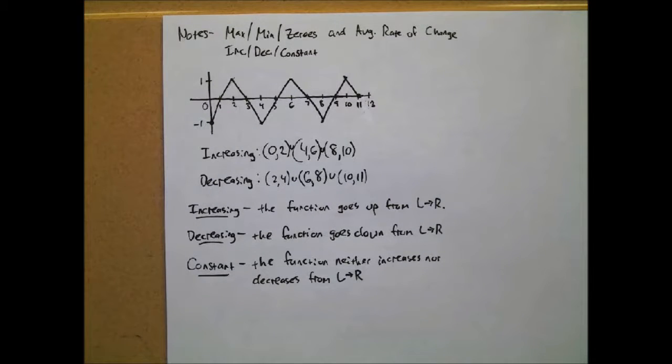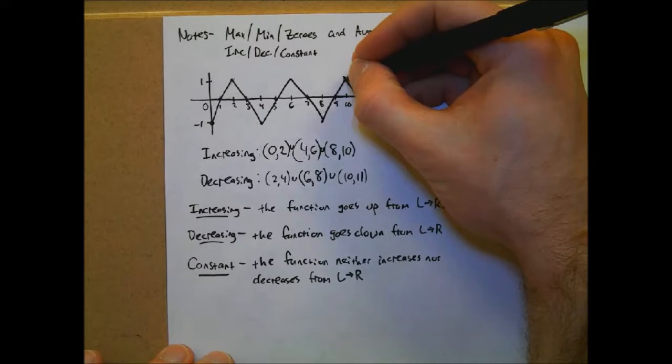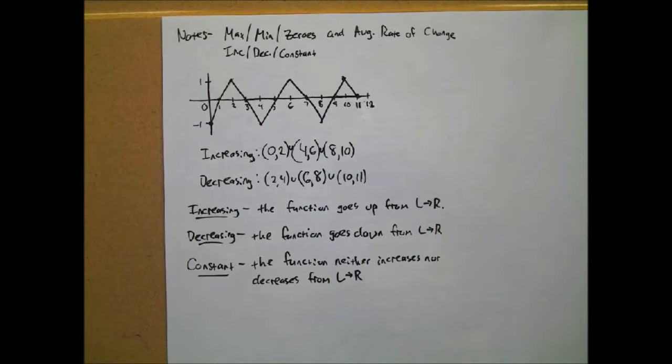Did our original function have any places where it was constant? Are there any places where it was not going up or down, where it was flat, horizontal? No. It's either increasing or decreasing everywhere there. So that is the increasing, the decreasing, and the constant.